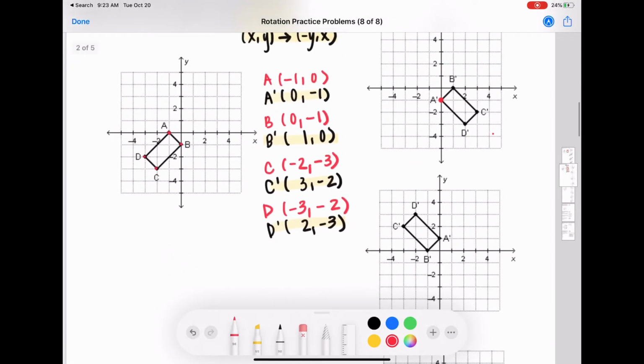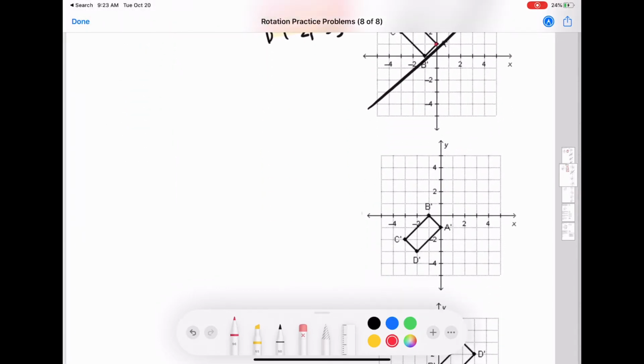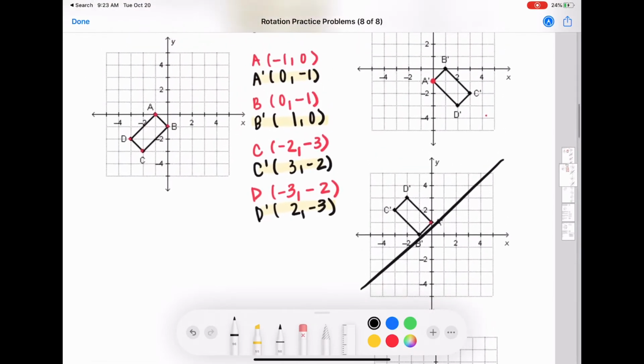At B, A is not at 0 and -1, so we can cross out that answer. At C, we do have A at 0 and -1. But at D, A is not at 0 and -1, so we can cross out that answer.